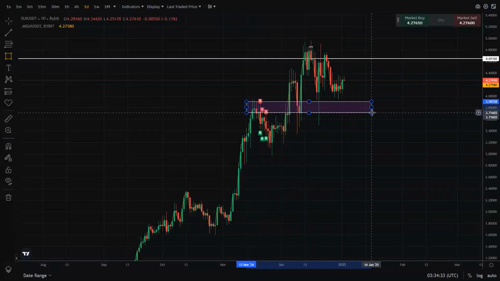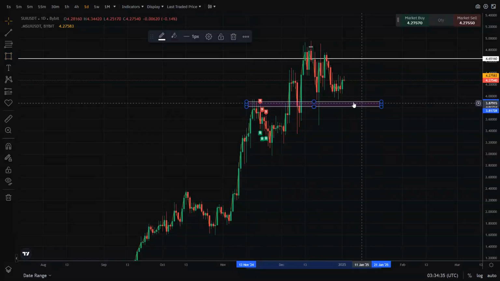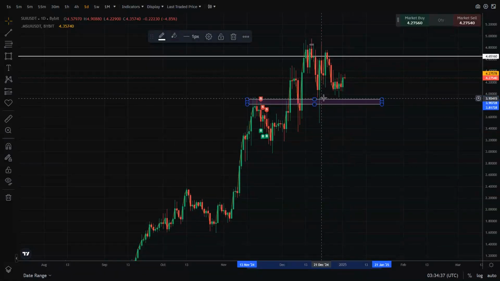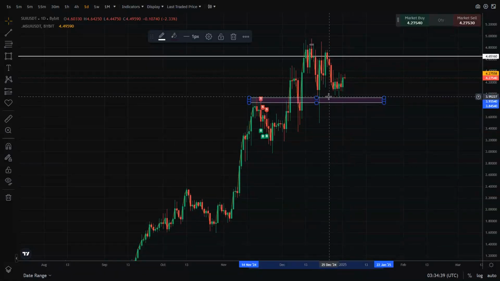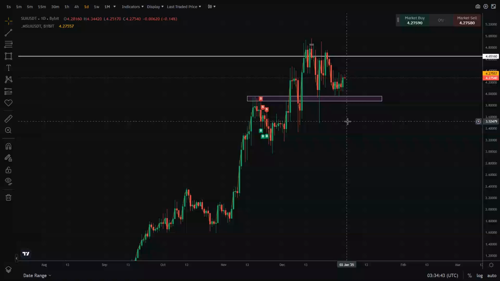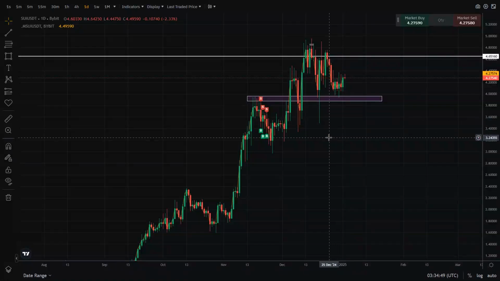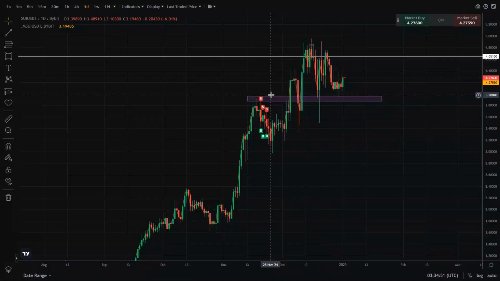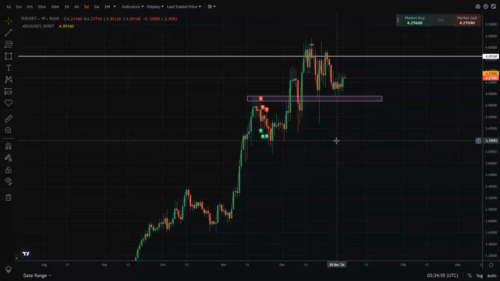In one of the previous videos I made, I explained why an area can be considered a support area and can act as both support and resistance. Let's take a look at this rectangle box. I chose this level as my support, and it acts as both support and resistance.